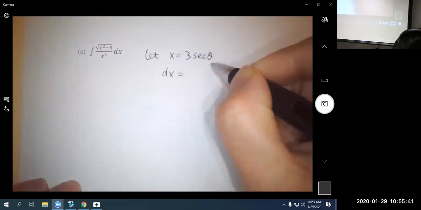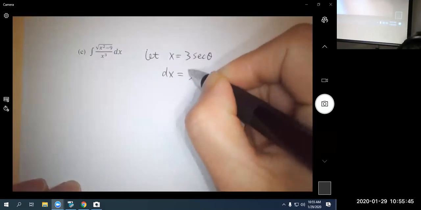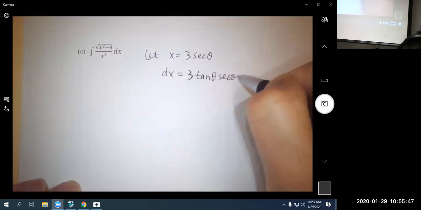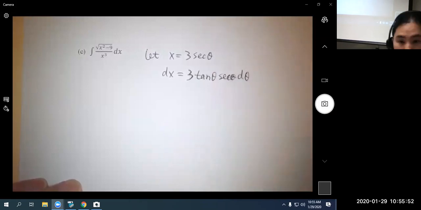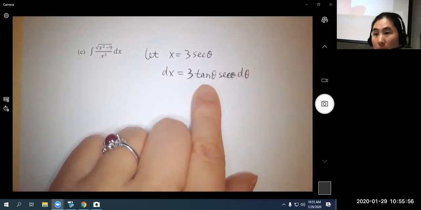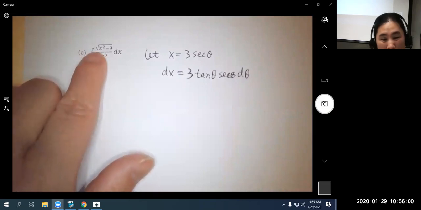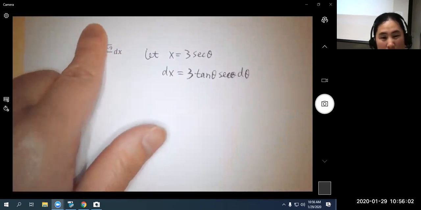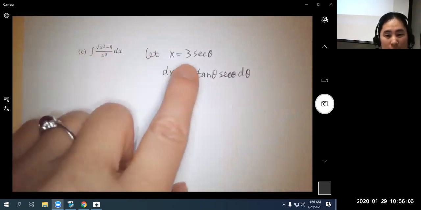Okay, so dx will be 3 tangent theta times secant theta d theta. You agree with me? Okay, now let's compute. I think we can do it directly, because on the top we just replace x by 3 secant theta.